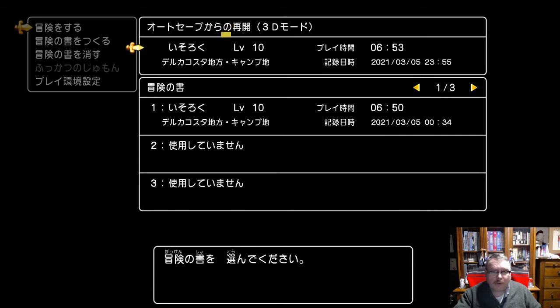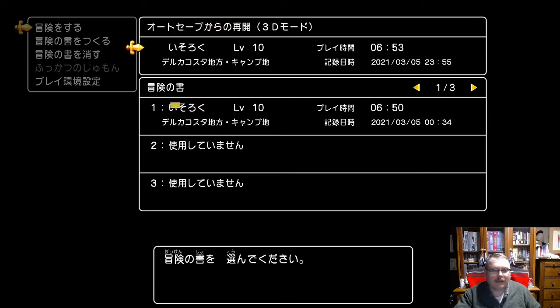And then no is to connect two nouns. But this one's a little bit different because it's got this kara there. So autosave bukara. So from the autosave. And then from the autosave is considered to be a noun phrase in Japanese. And so autosave kara no saikai means to restart from the autosave.